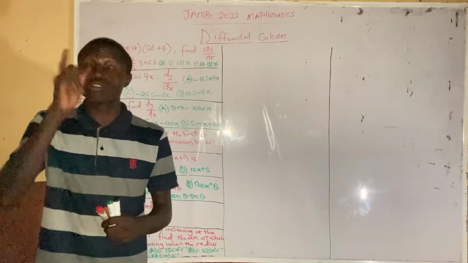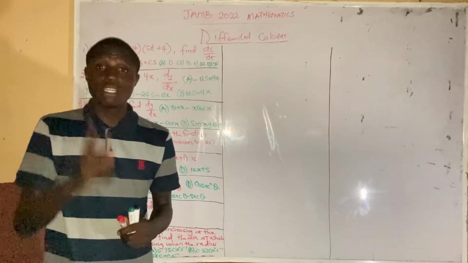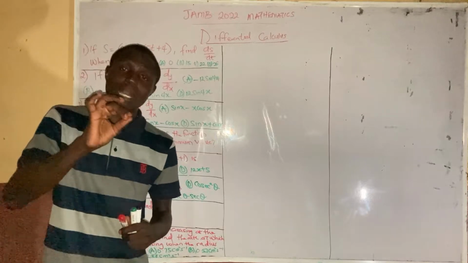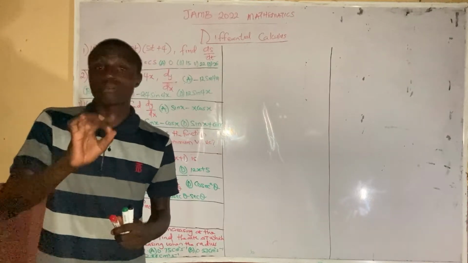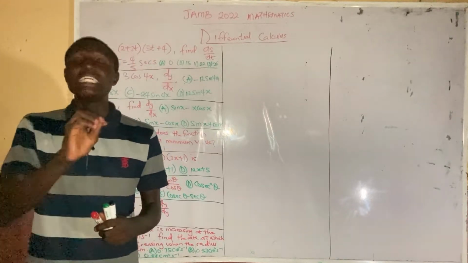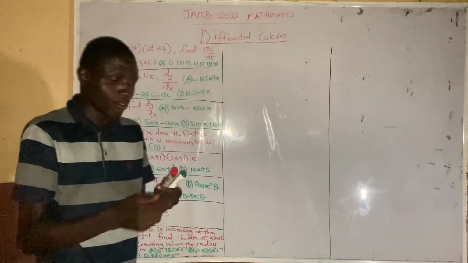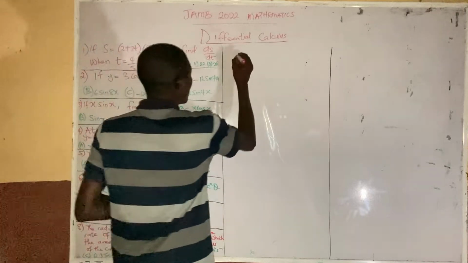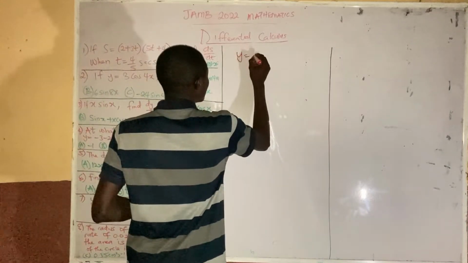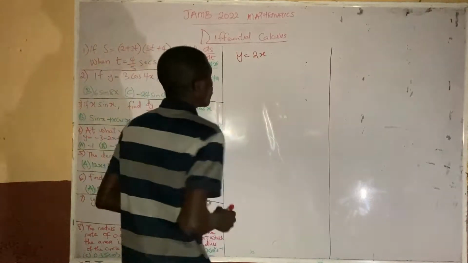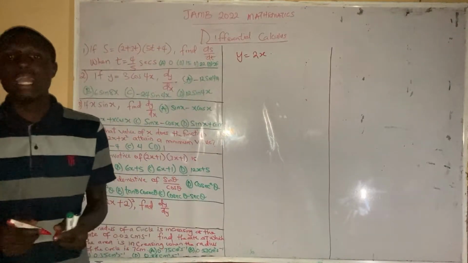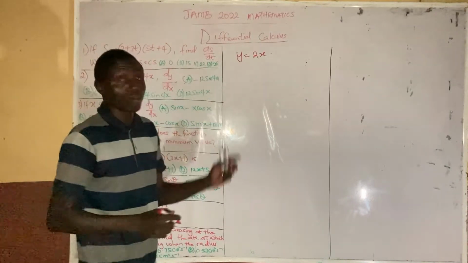Differential calculus has to do with two variables, and these two types of variables are known as dependent and independent variables. For example, if I have a function representing y is equal to 2x, there are two variables here.